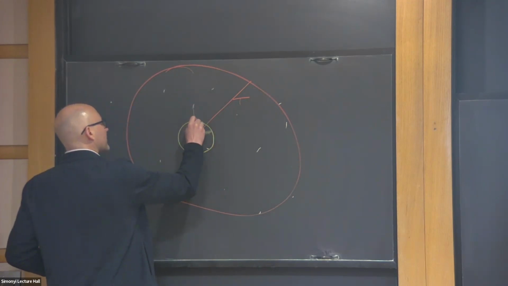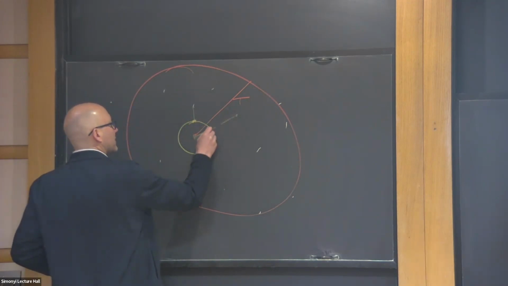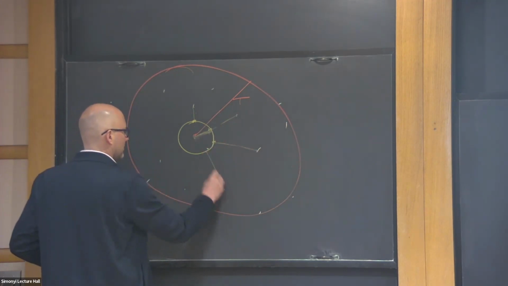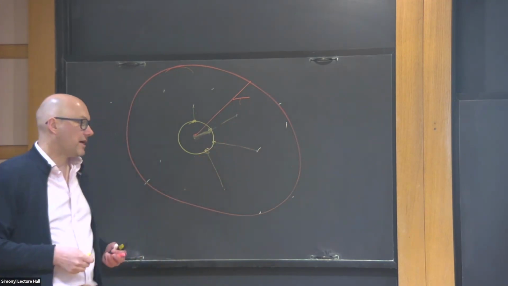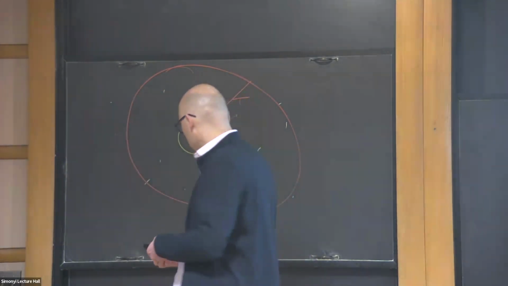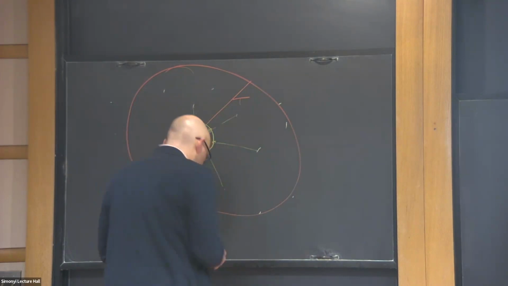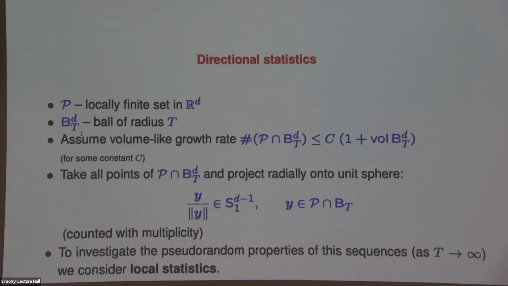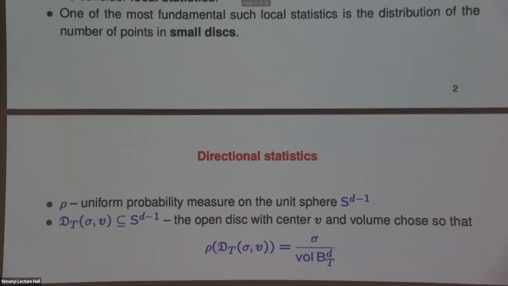And so we get all the points projected, in this case, onto the unit circle. Now the idea is we want to understand the distribution of these projected point sets. And in particular, we want to ask how random do these points appear?